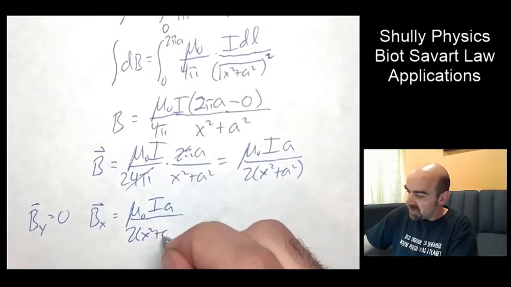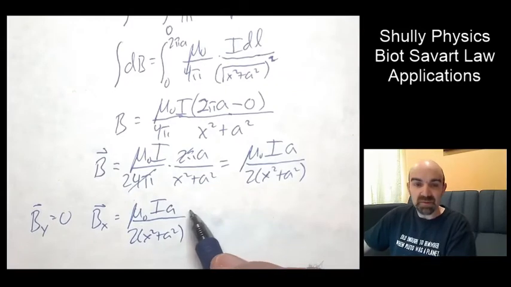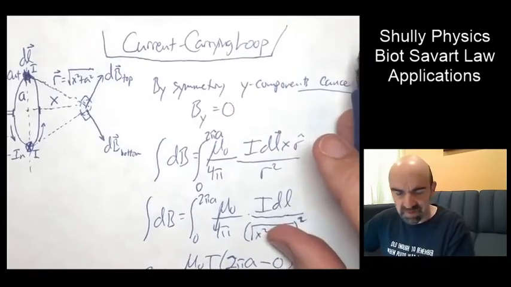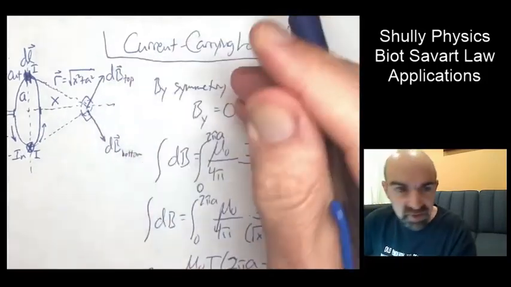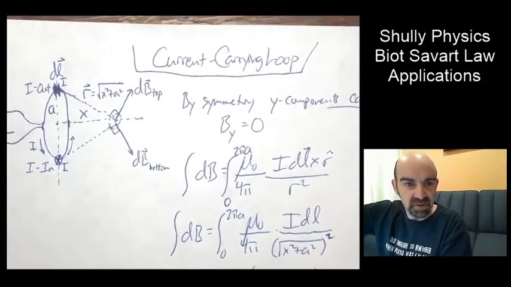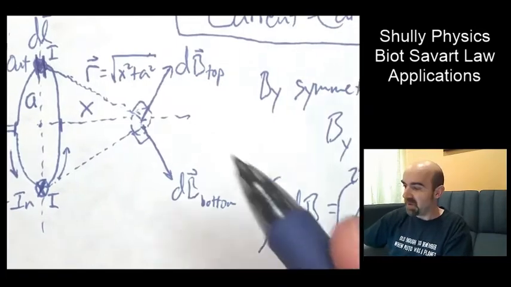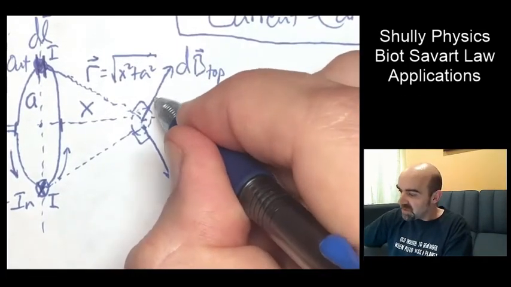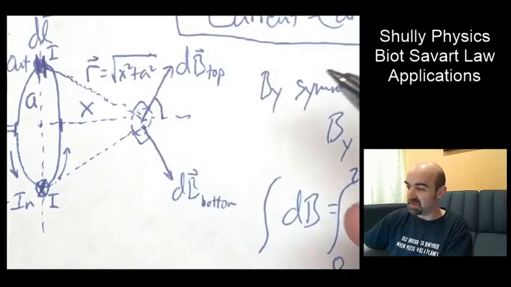Let's go back up here. Up in this diagram, if we're looking for the x component of this little dB, we're going to be summing up all those x components.